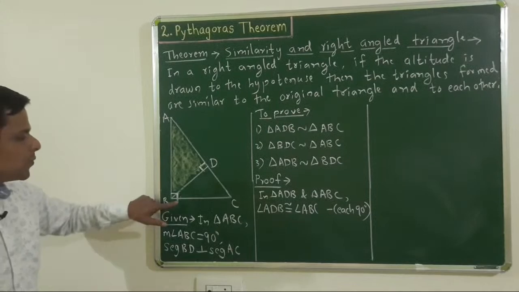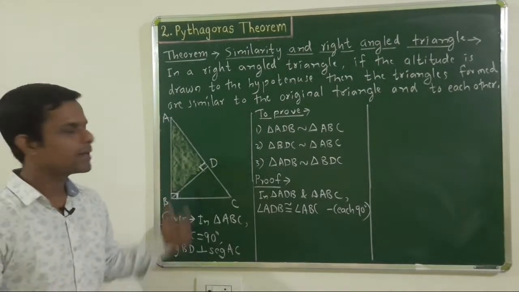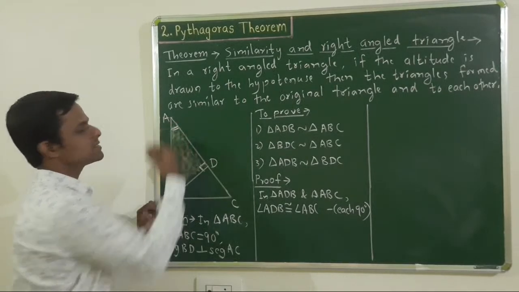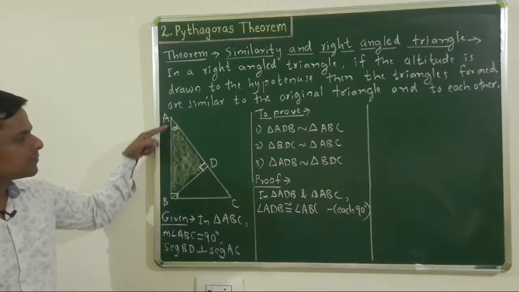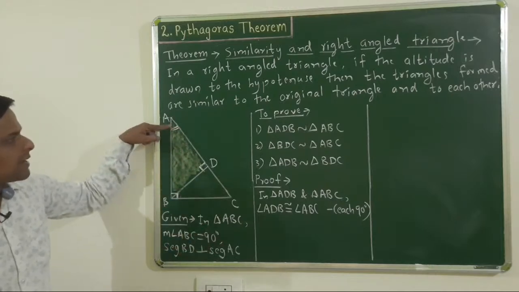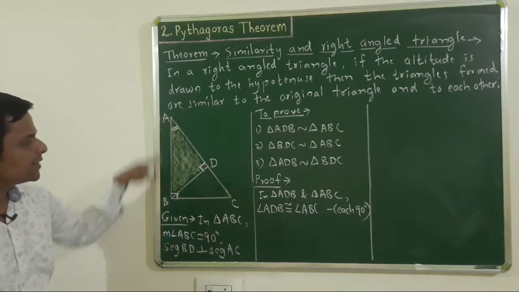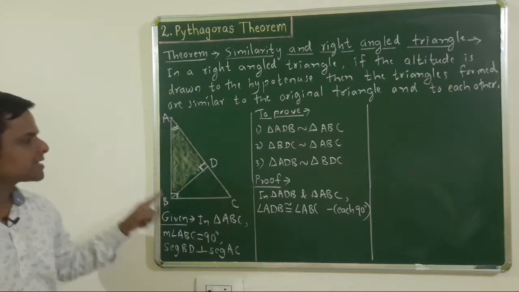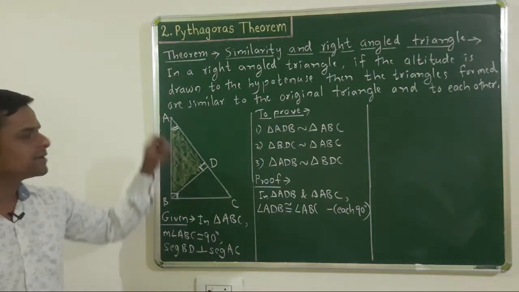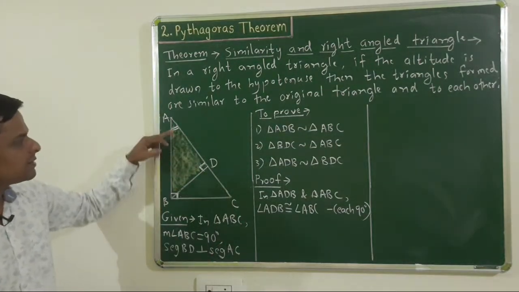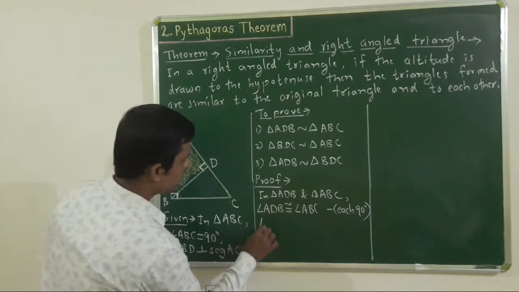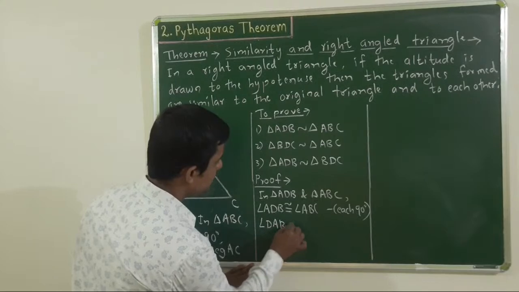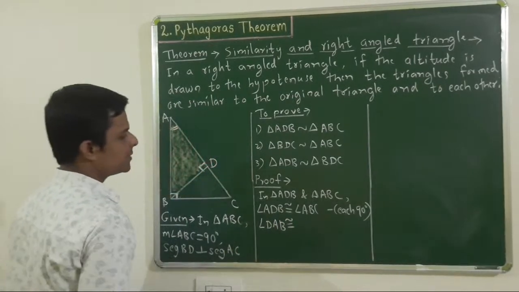Now we want one more pair of angles to prove these two triangles similar. Observe this angle, angle A. Is it a common angle for these two triangles? See, angle A is an angle of the smaller shaded triangle ADB, and angle A is an angle of the bigger triangle ABC also. But the names are different. For the smaller triangle, the name of this angle is angle DAB, with A in the middle.